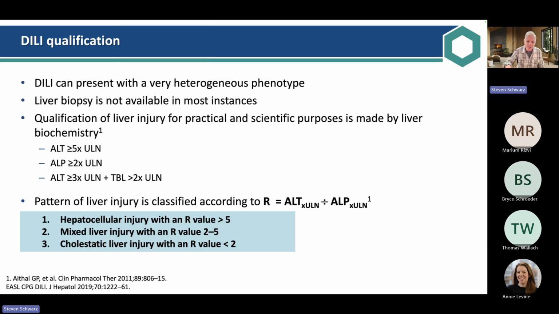And if the R value is less than 2, it is cholestatic. Now, it's simple enough to do this calculation on any patient who comes in with unexplained transaminasemia, because then you are prepared, if it is DILI, to understand what the etiopathogenesis is and develop an appropriate approach to treatment.